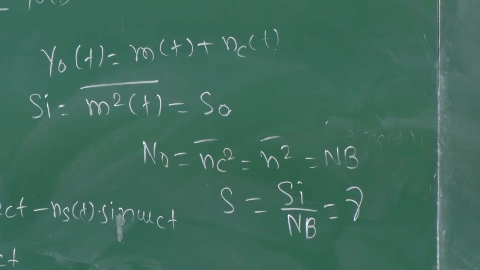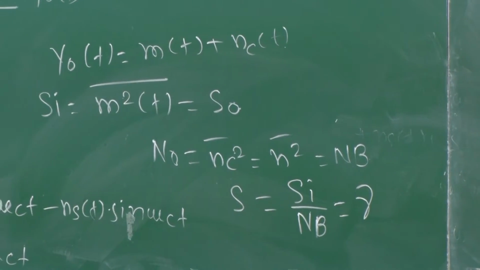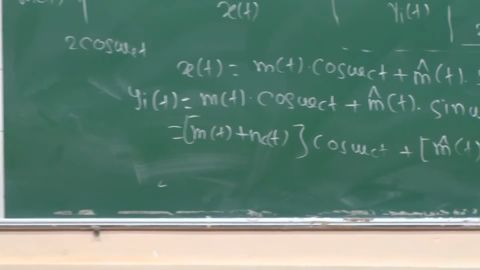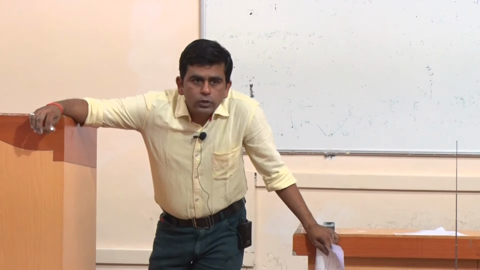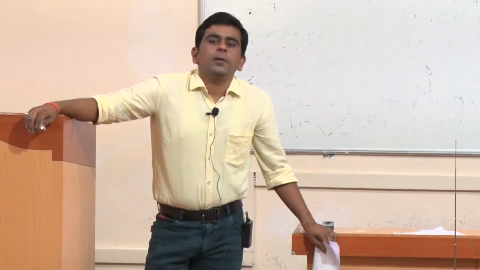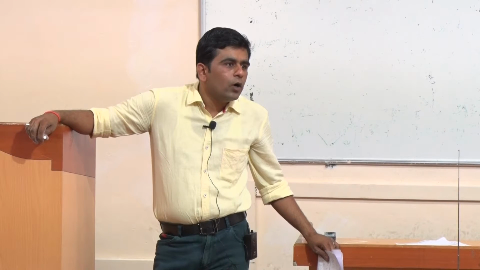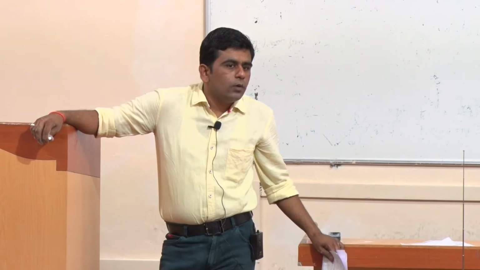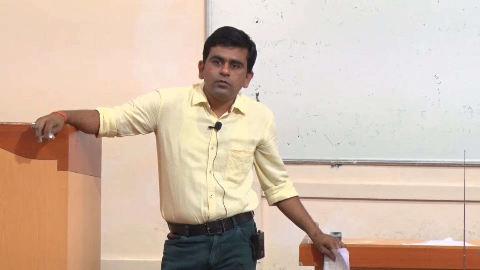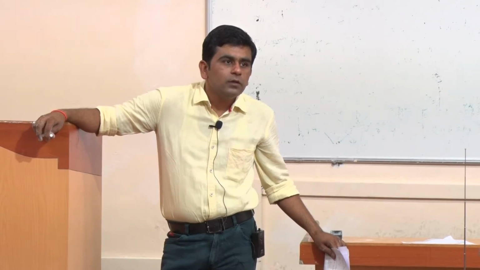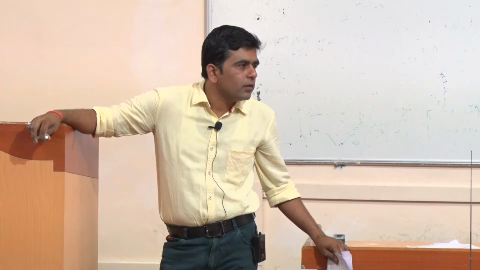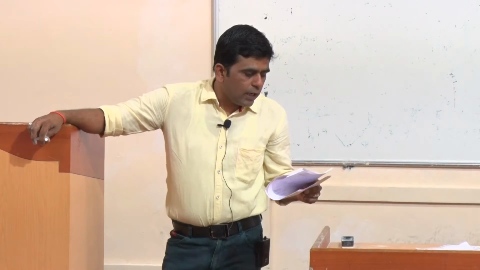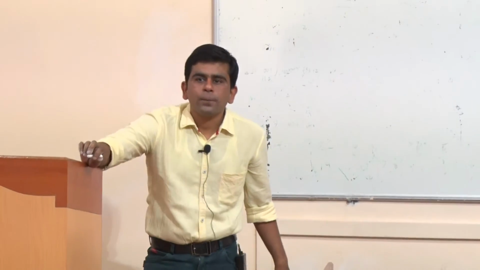So for AM modulation, for DSB suppressed carrier, SSB suppressed carrier, the output signal to noise ratio is equal to gamma, and gamma is given as input signal power over capital N and capital B, where capital N is the peak amplitude of the power spectral density of your noise, which has the magnitude capital N by 2, and B is nothing but the bandwidth of your signal, capital B. The same thing we have to check for VSB.